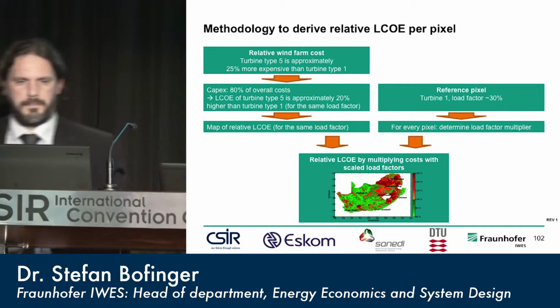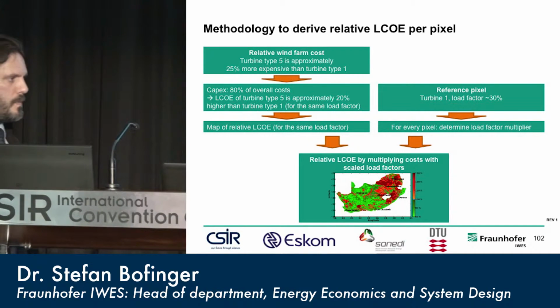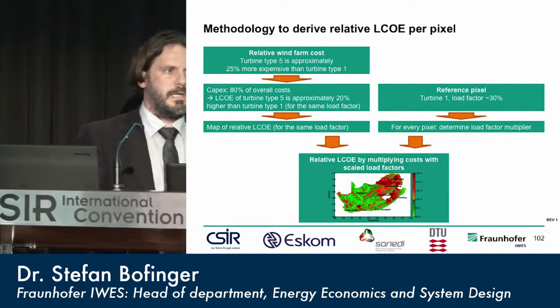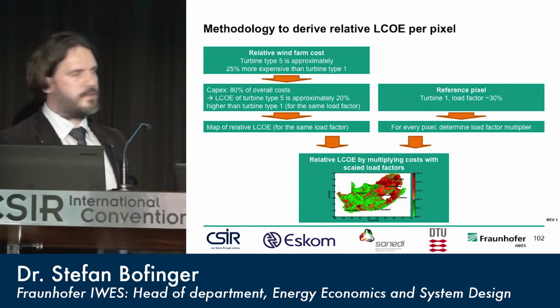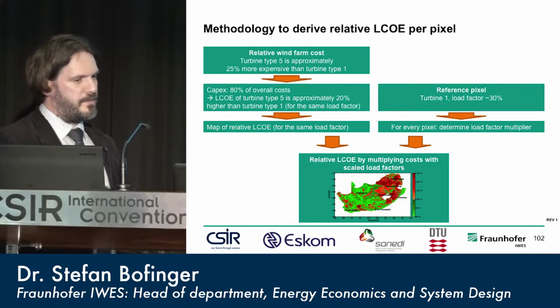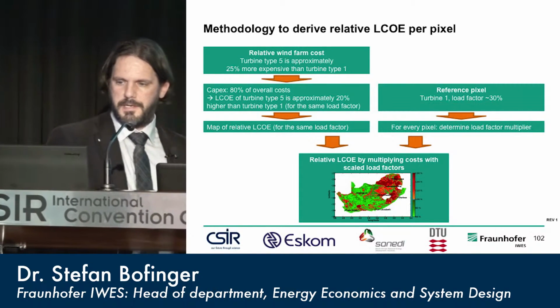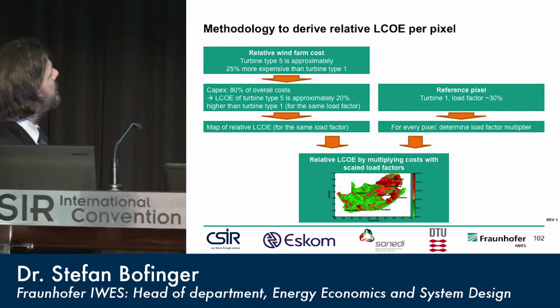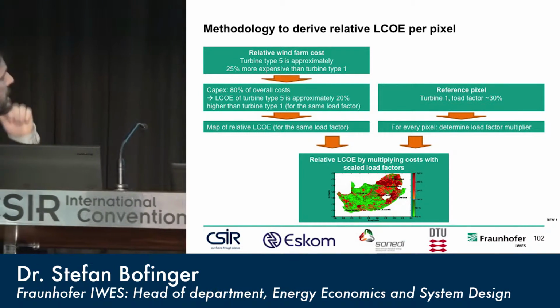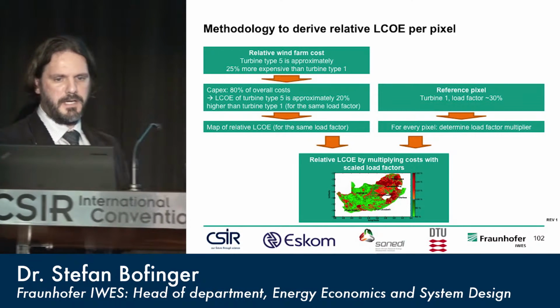In the next step, we calculated a sort of levelized cost of electricity, but relative to a reference plant. What we first did was to assume some costs for the different turbines.